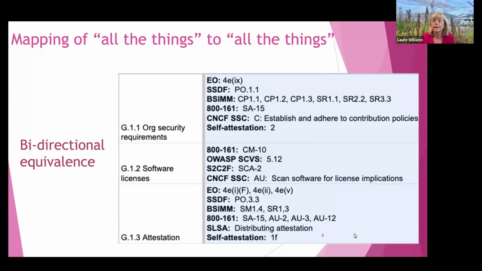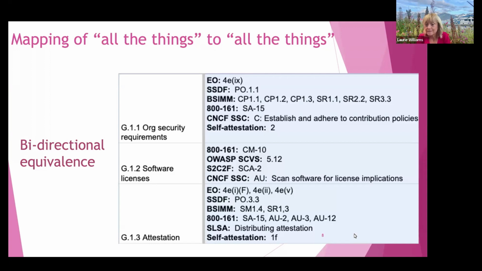This is at the same level. And in many cases, there were mappings between things already available, like the SSDF had a lot of mappings in it, and the S2C2F had a lot of mappings. So if mappings were available, I did use them and did transitive mappings based upon what was available.